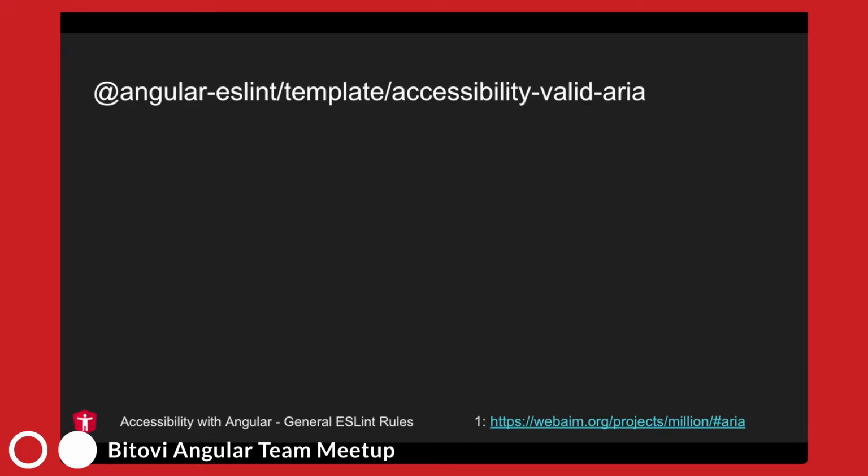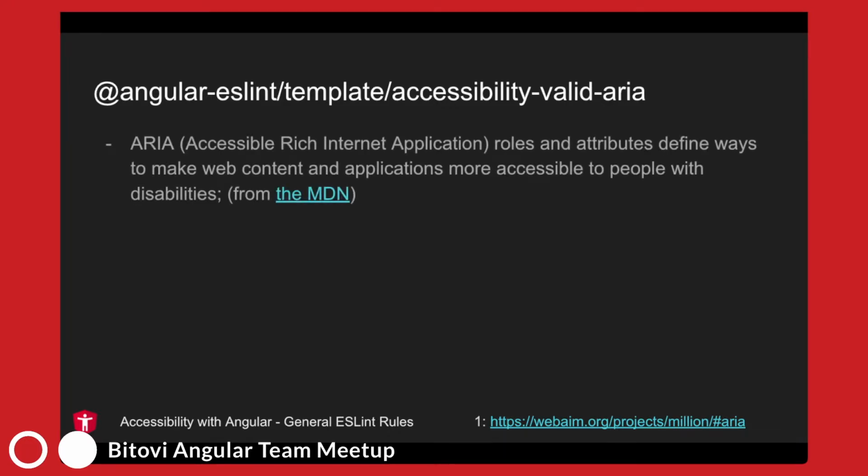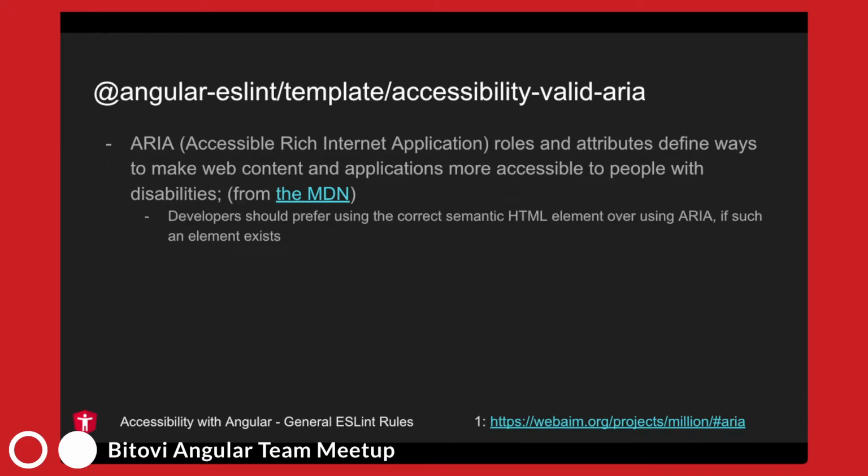So our first rule is accessibility valid ARIA. If you're not familiar, ARIA, or Accessible Rich Internet Applications, roles and attributes allow you to define web content that is more accessible to people with disabilities. In practice, you are encouraged to use semantic HTML elements instead of having to rely on ARIA attributes.